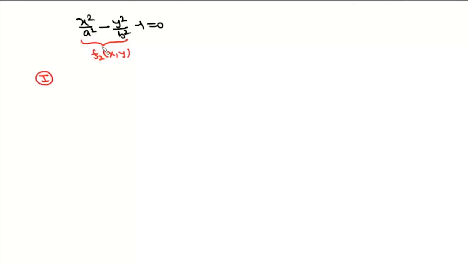We'll put x as 1 and y as m. So we'll write f2m as 1 upon a square minus m square upon b square, and here f1m is 0.